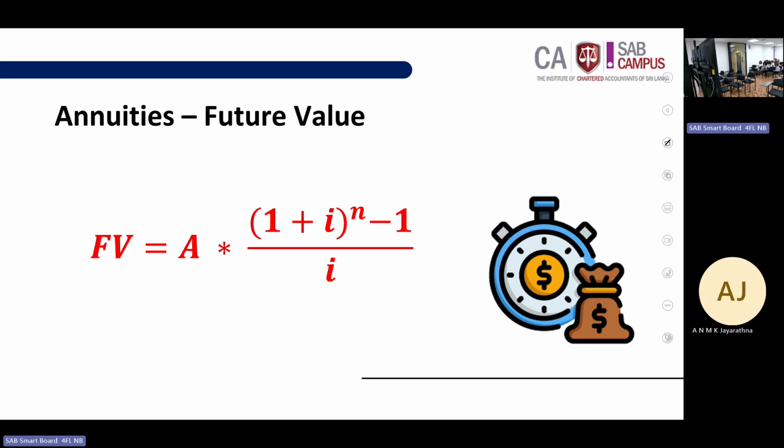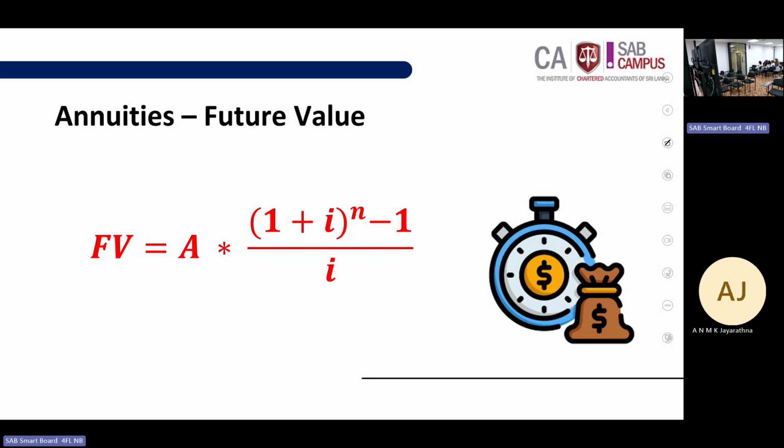That is 1 plus interest rate to the power n, minus 1, divided by the interest rate. This is the way of calculating the future value of an annuity.